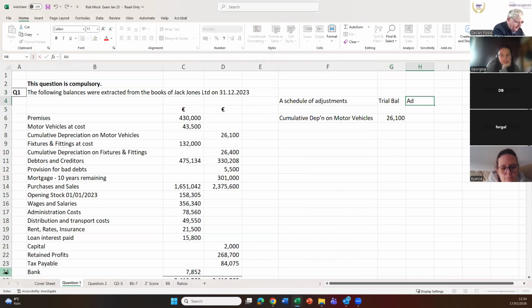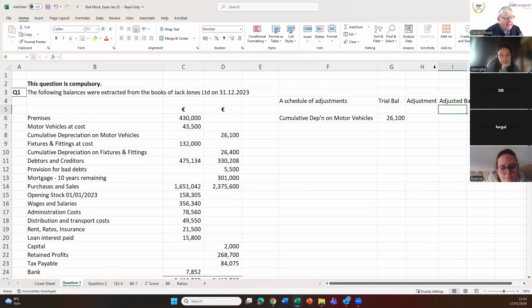This is the adjustment, and this is the adjusted balance. So that is what we have to do here. So there we go. So what is the adjustment? Well, it's 20% of cost. So there's our motor vehicles multiplied by 0.2 for 20%.